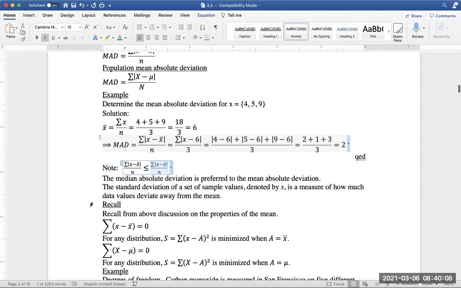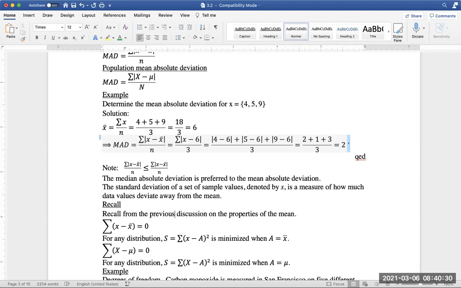Well, recall from the previous discussion on the properties of the mean that the sum of the deviations from the mean is always equal to 0.